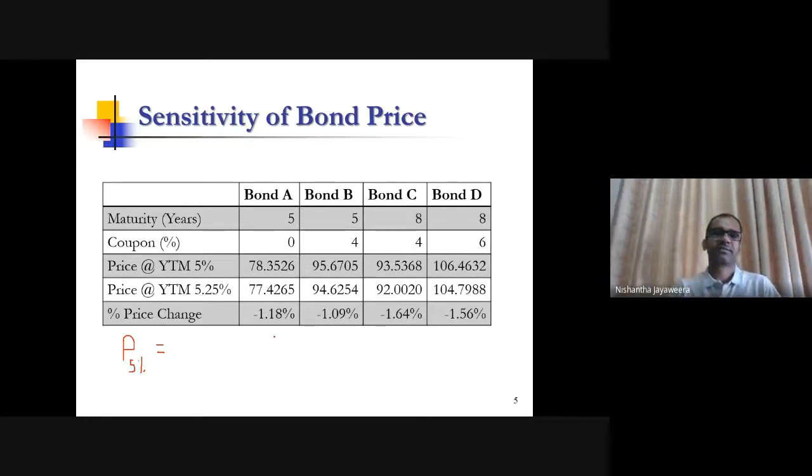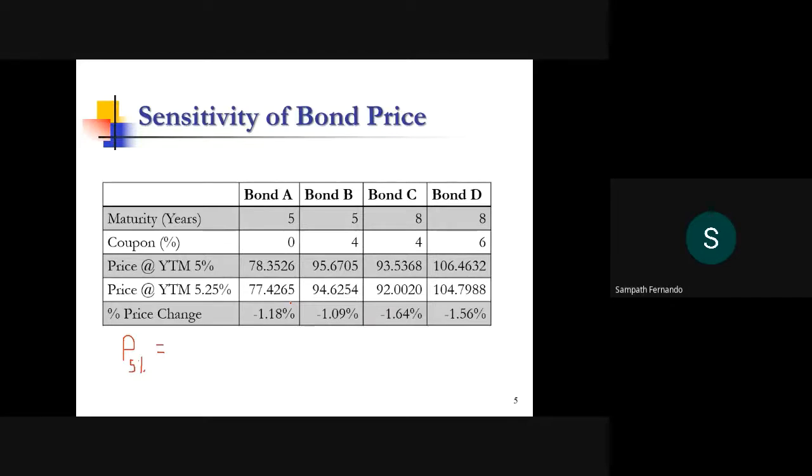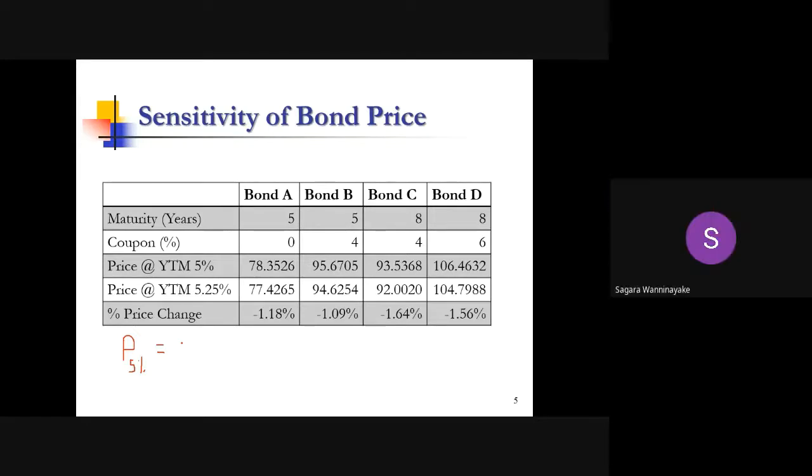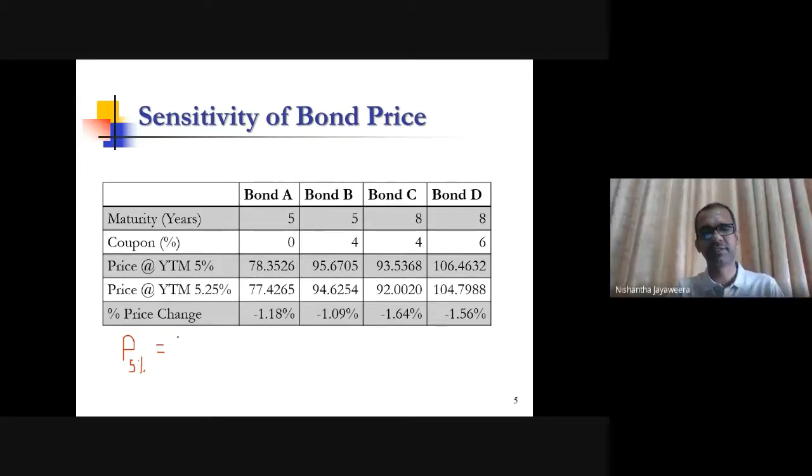One cash flow. What is the cash flow? Face value. So what's the face value here? It's 100. Then what do you have to do? Discount it.